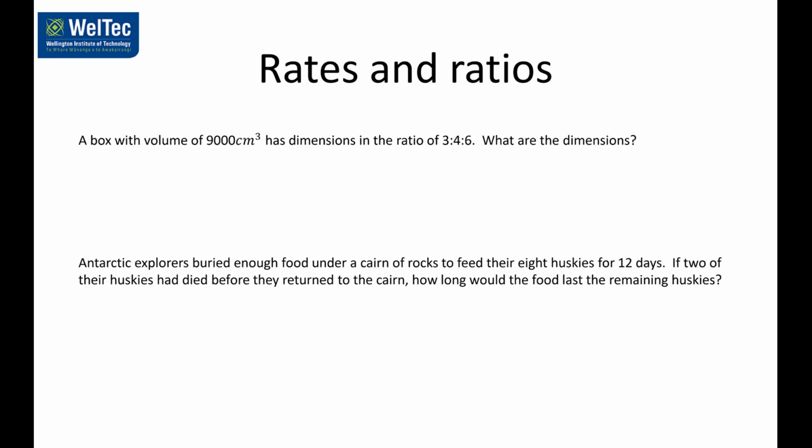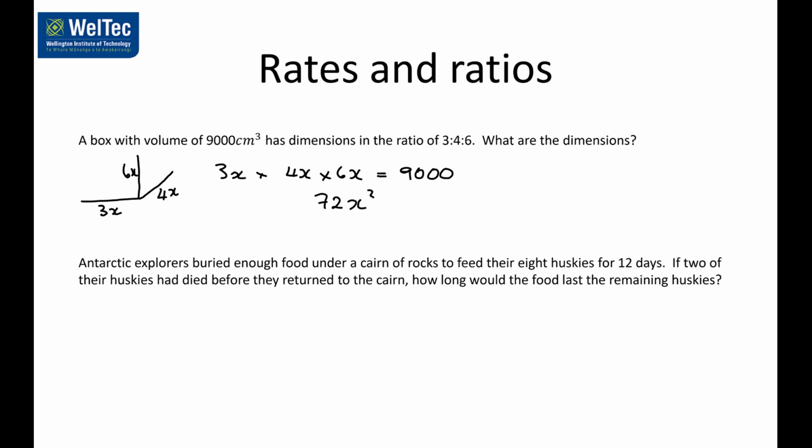Often these sort of questions are easy to do with a diagram. I won't draw the whole diagram. I'll just draw part of the diagram so that this length is 3x, this length is 4x, and this length is 6x. Now we know that the volume is 9,000 centimetres cubed, so that should tell us that 3x times 4x times 6x is equal to 9,000. So 3 times 4 times 6, so 72.